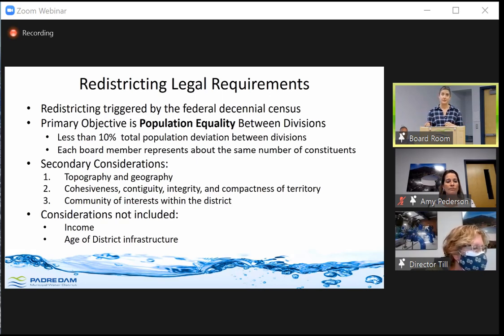We can have exceptions to them. What I also included on this slide are considerations not included, which was a response to comments received in the last public hearing on criteria that didn't play a part in our redistricting process. That's why they're included here. Next slide, please.